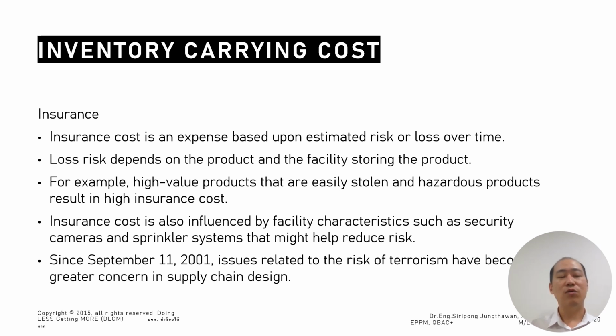Insurance cost is also influenced by facility characteristics such as security cameras and sprinkler systems, which might help you reduce the risk. And sometimes you have to install CCTV to keep the cameras on and record everything in your warehousing.